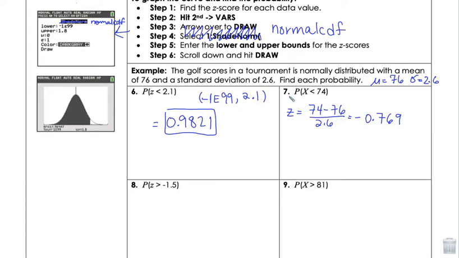So since this is also a less than, it's finding the probability that your data value is going to be less than 74. The z-score for this value is negative 0.769. So that is our upper bound.